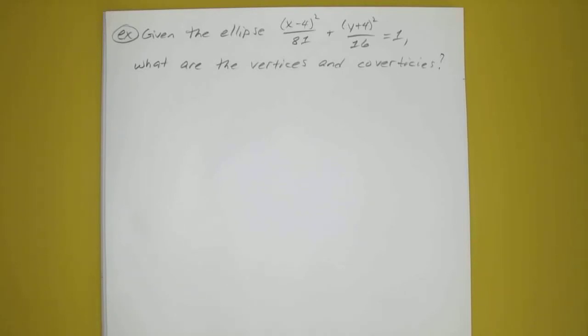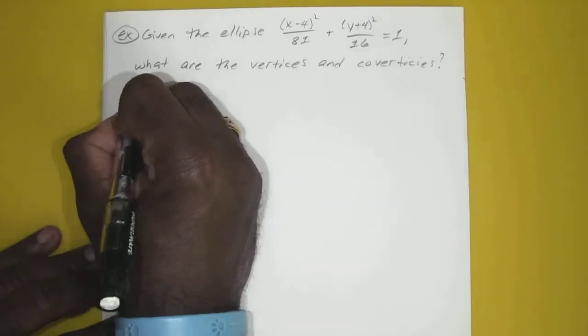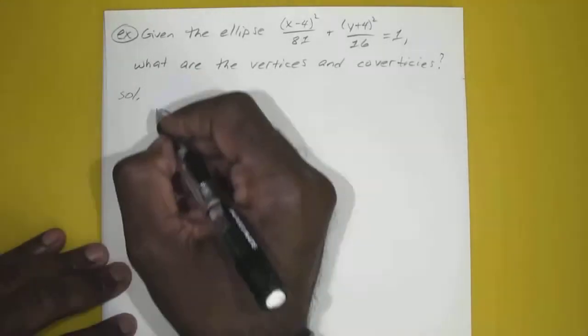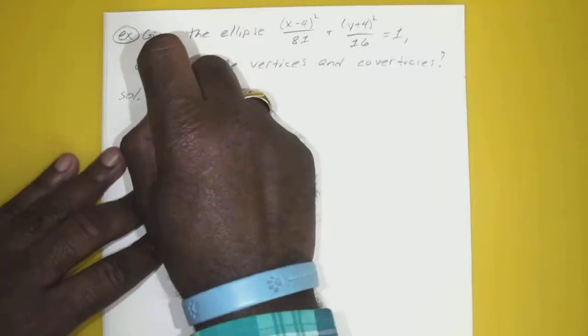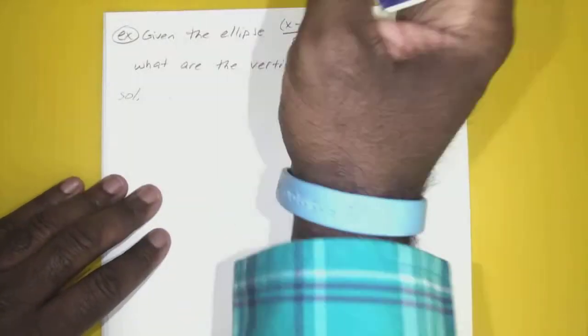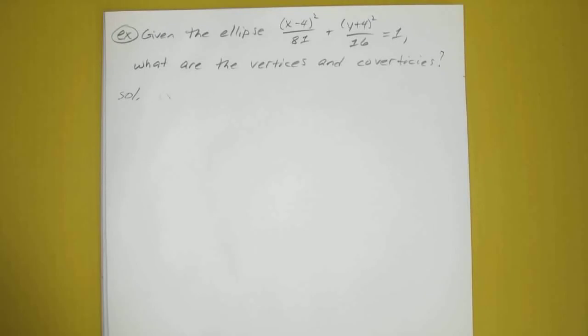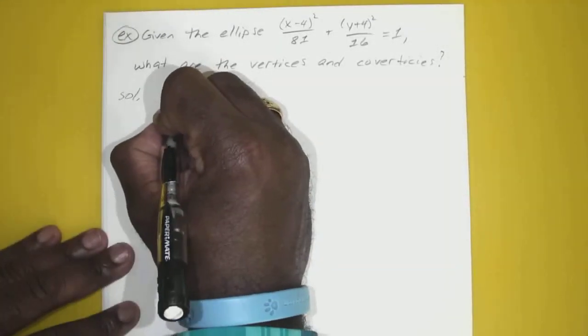Okay, so just like you did before, the first thing you want to do is rewrite it to where it kind of looks like one of your formulas. Uh-oh, forgot to write rewrite. There we go. Okay, so the first thing you want to do is rewrite it.